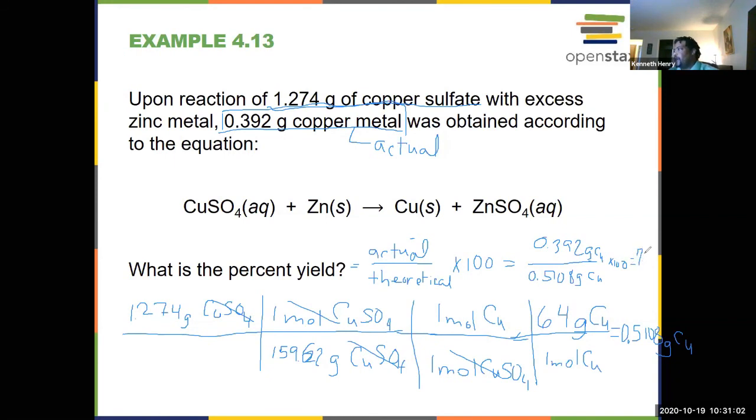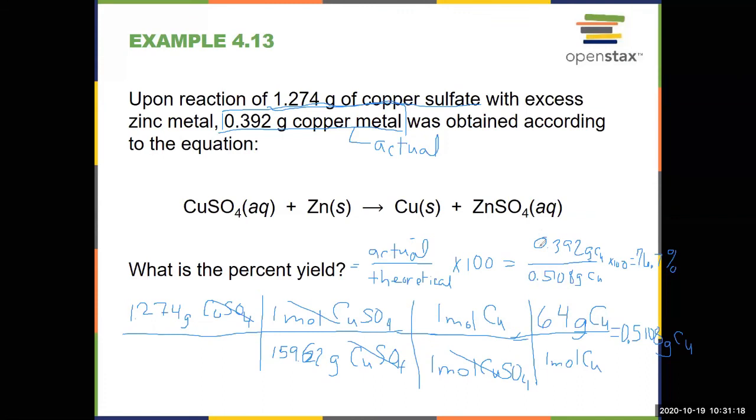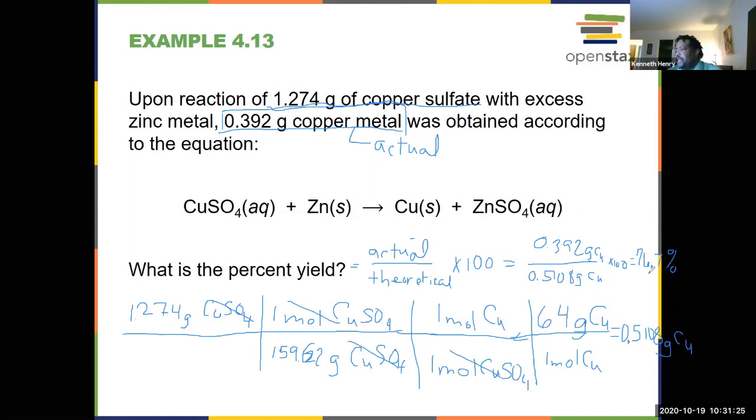How many sig figs should I have? 4. So I have 3 up here. So 392. Oh, 3. Yep. 3 sig figs. Okay. So I got 76.7%.